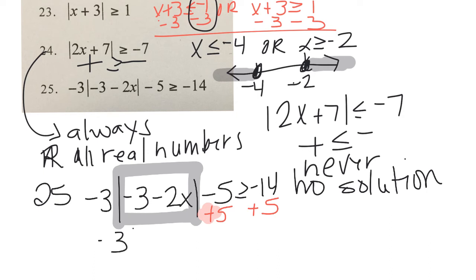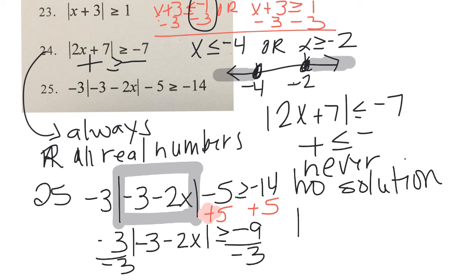So negative 3 times the absolute value of negative 3 minus 2x is greater than or equal to negative 9. Divide by negative 3. And the absolute value of negative 3 minus 2x is greater than or equal to positive 3. No, not greater than or equal to.